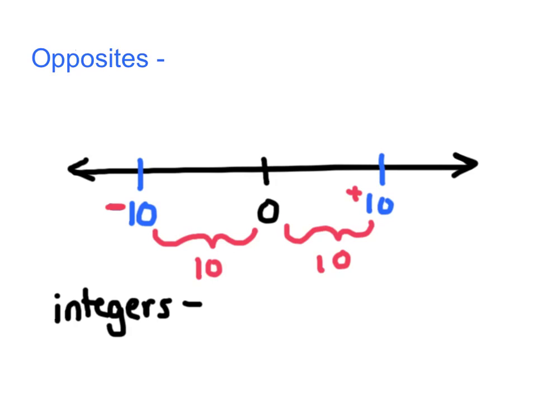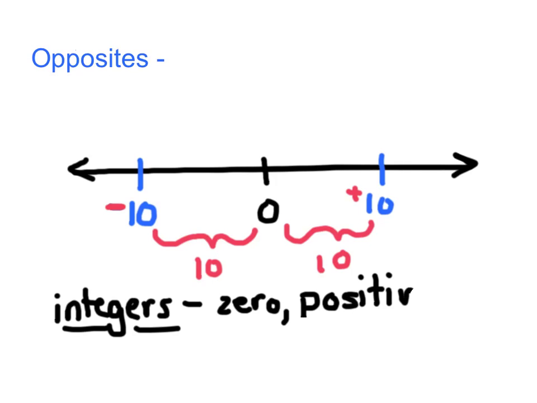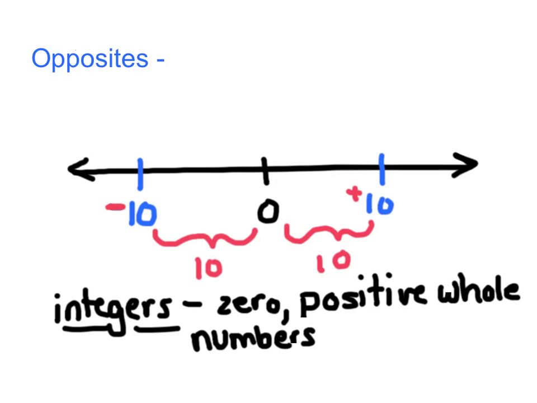includes 0, it includes positive whole numbers, and this whole idea of whole numbers is something I left out on the other screen, but the values have to be whole numbers.